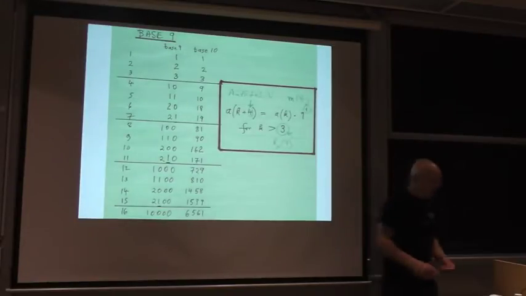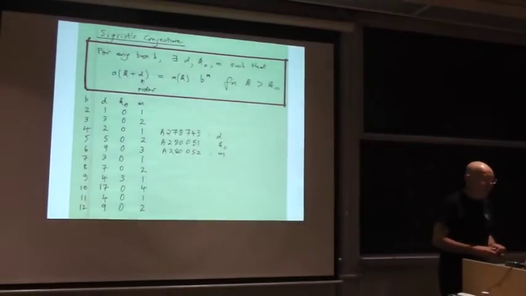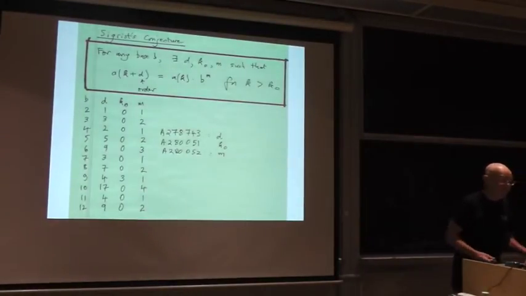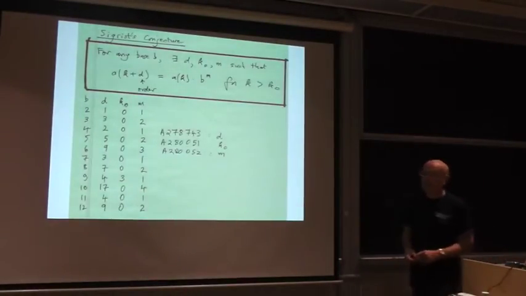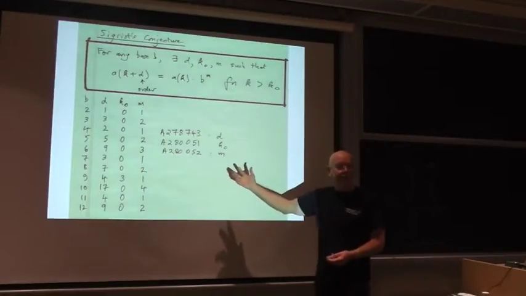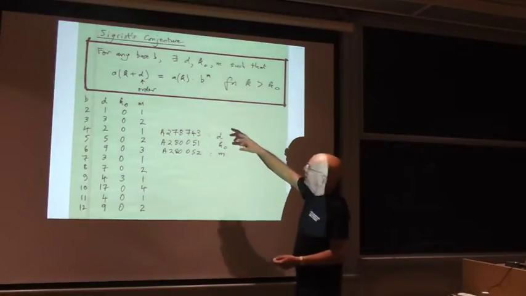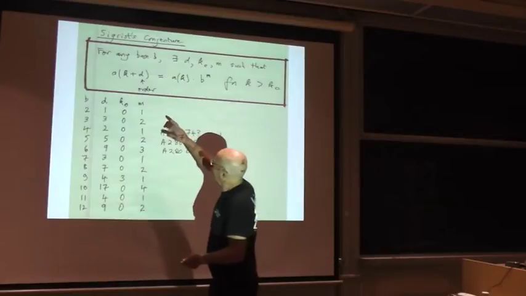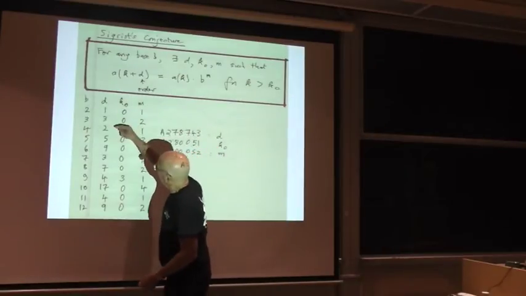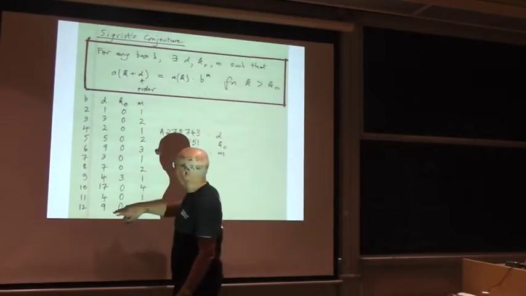And so now what about base B? Here's the interesting question. He conjectures that whatever base you pick, the same thing happens. For any base, there is a recurrence of some order D, and D is given by this first column.